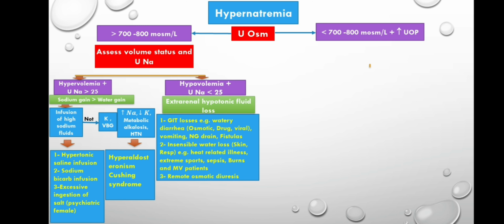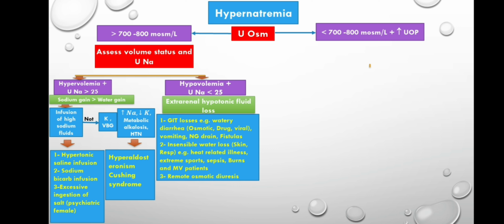So what are the causes of extrarenal hypotonic fluid loss? Any GIT loss, like watery diarrhea from osmotic medications or drugs, viral gastroenteritis, vomiting, or loss from insensible sites, called insensible water loss.